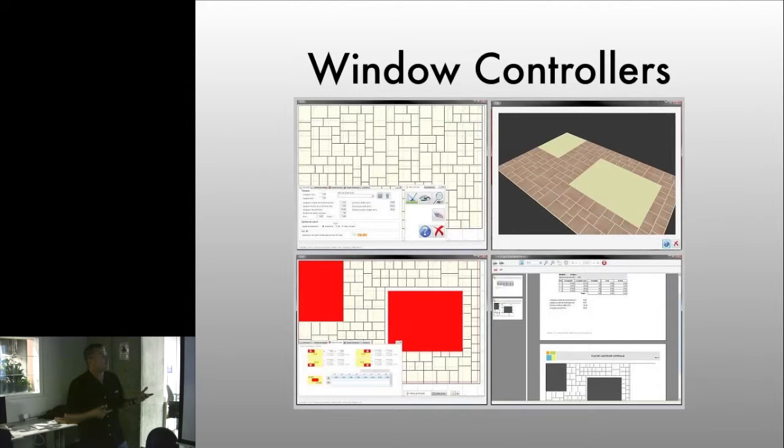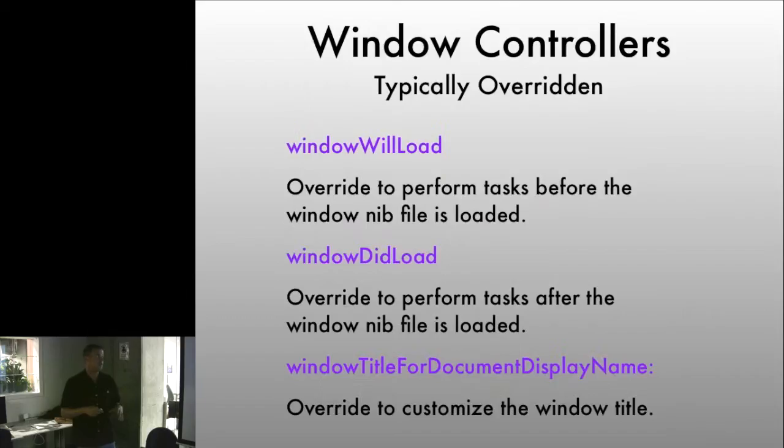Here's another example where you've got a floor plan, and then you can see the overhead floor plan, and then you can see, say, areas where you're calculating dimensions. If you've got data that you want to view in different formats, and you want to have different windows that you can control and resize and tile like this, that's when you use an NSWindowController.